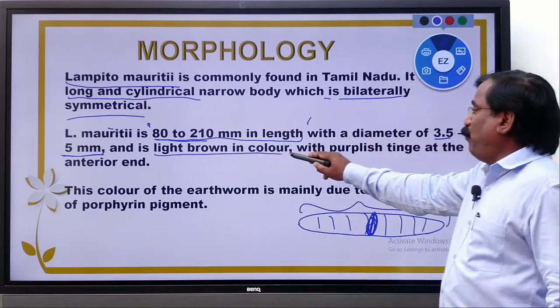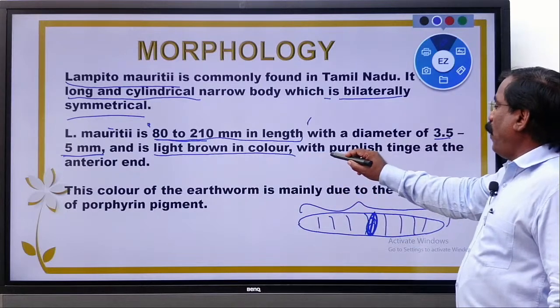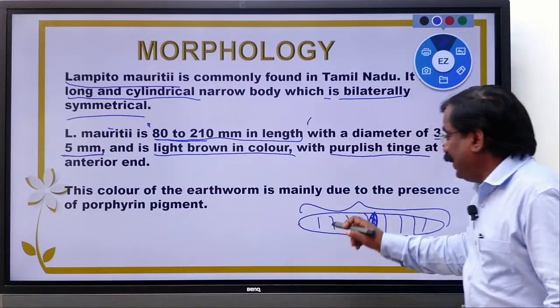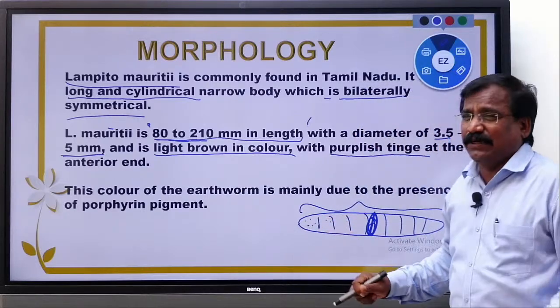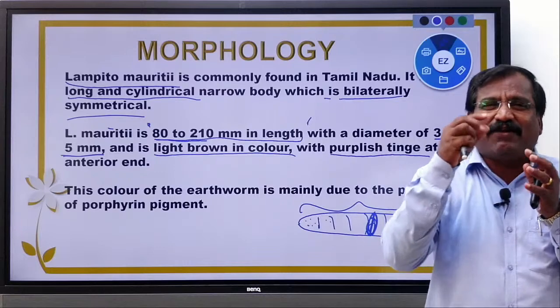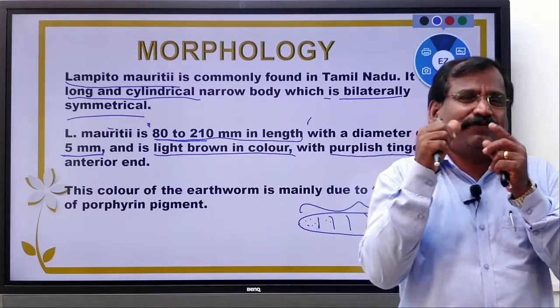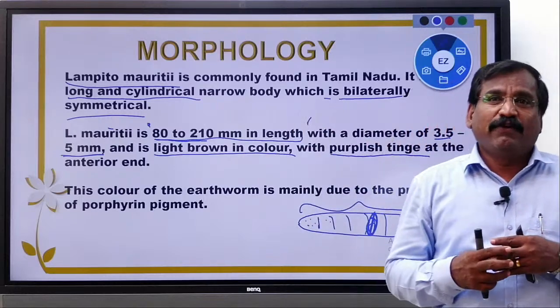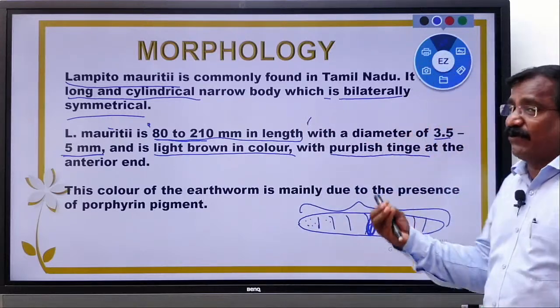What is the color? Light brown in color with a purplish tinge at the anterior end. At the anterior end you will see a purplish tinge, a violet color in patches, as if powder was sprayed on. That purplish tinge is on the anterior side.